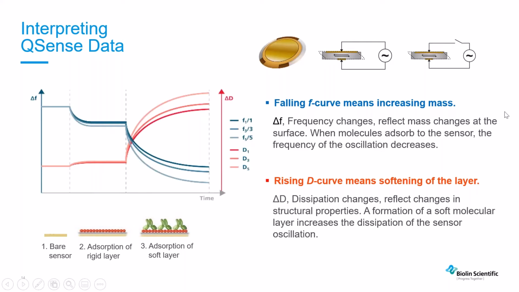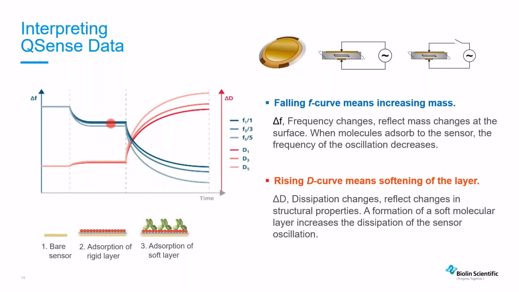Here we can follow changes in the blue curve, resonance frequency, and the red curve, dissipation. We start with a bare sensor in just a running buffer to establish a stable baseline, and then we measure the relative change in frequency and dissipation. First, we have an adsorption of red molecules. They form a relatively thin and rigid layer.